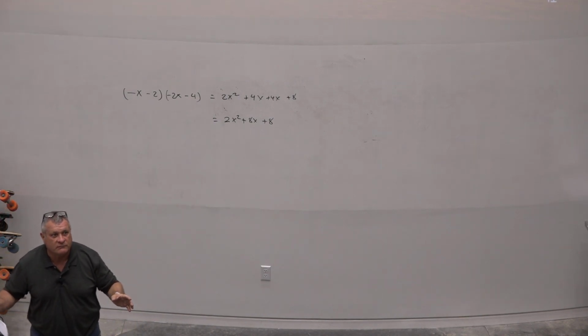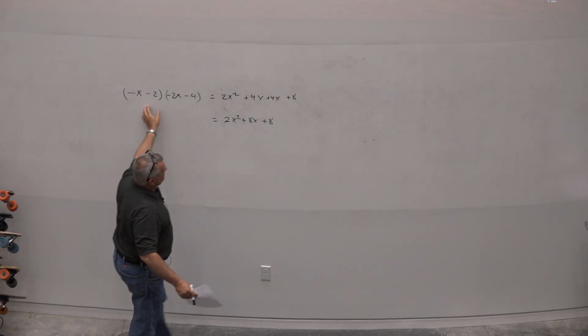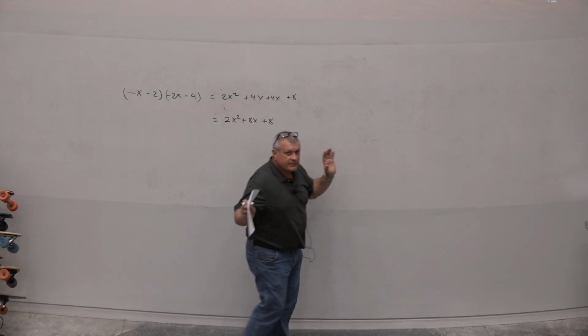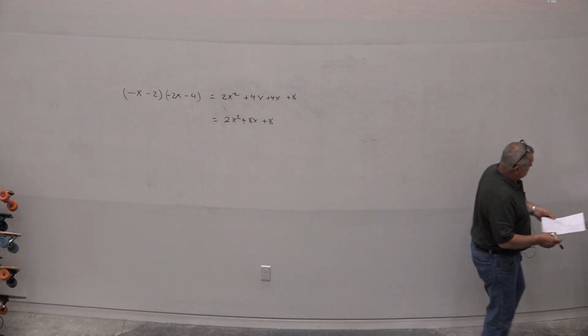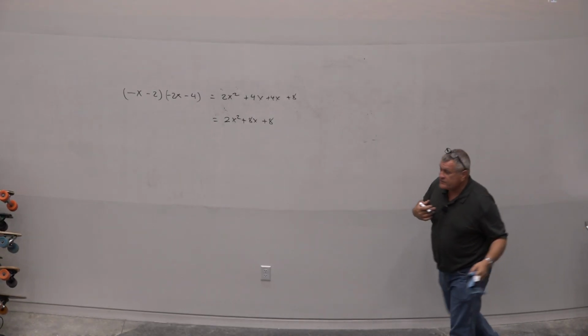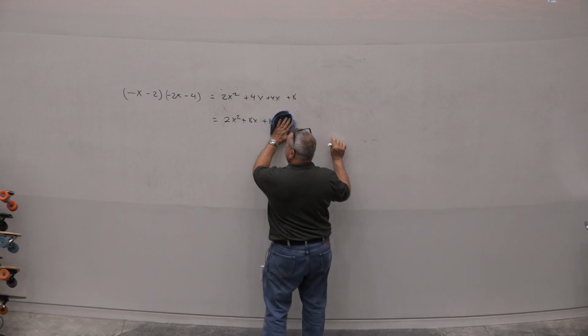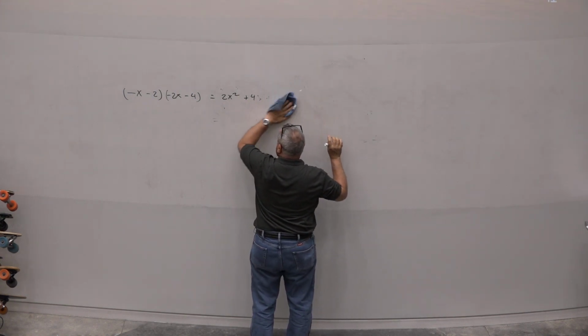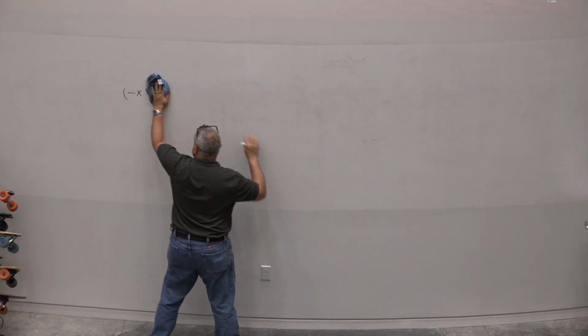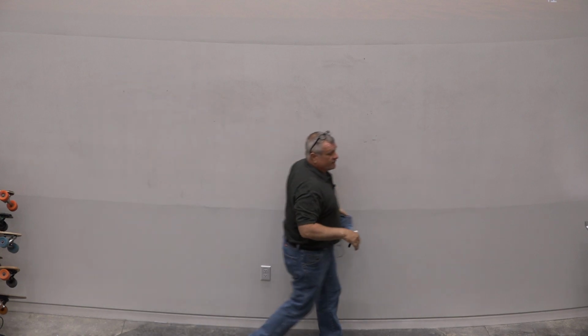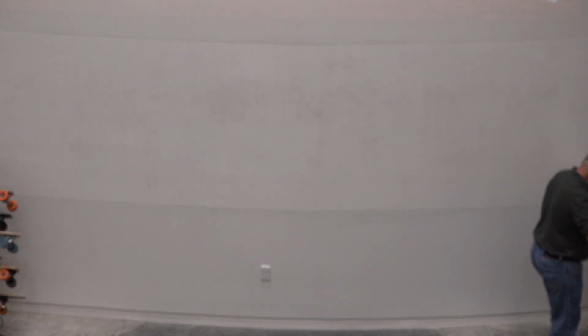No confusion, it foils real easy, just like anything else. No intimidation. For our purposes, we're going to be factoring things like this, not so much foiling, because I'm assuming you all know that. That was simple for you.